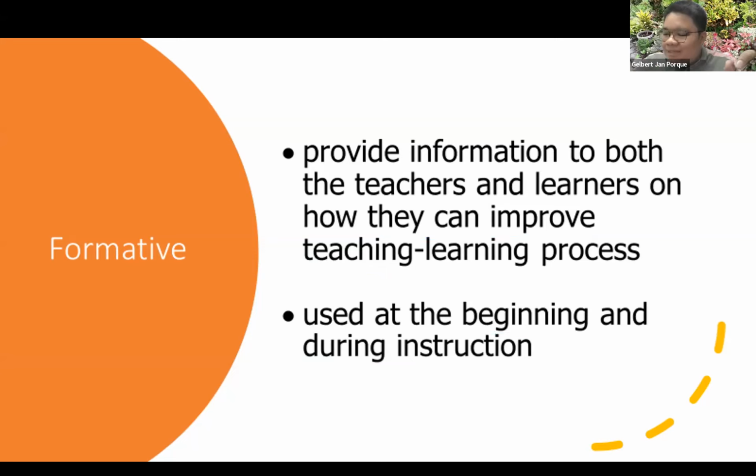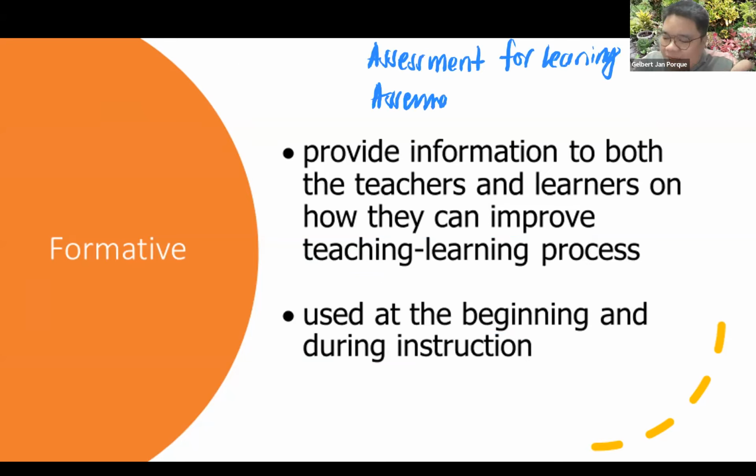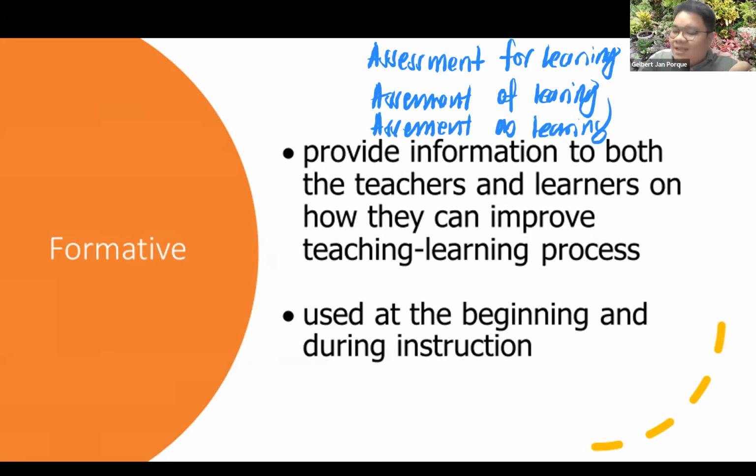Plus, in our parlance, I don't know if you've encountered already the terms assessment for learning, then you also have assessment of learning, and then you also have assessment as learning. So these are the three types: for learning, of learning, and as learning.